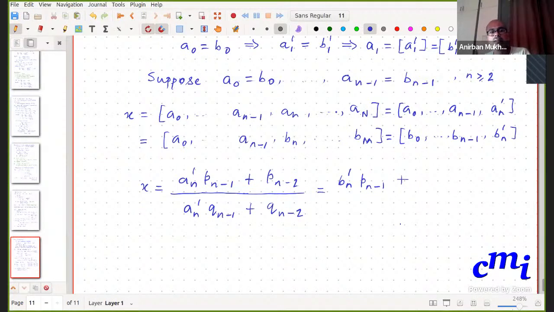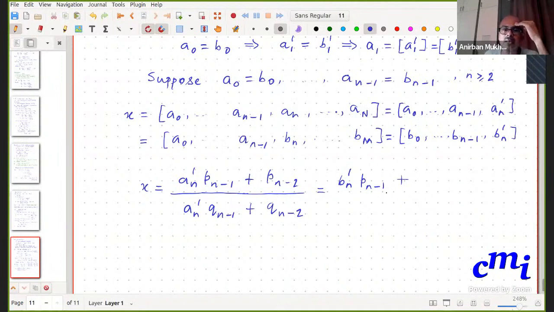So a0 is equal to b0, a1 is equal to b1, and so on till an-1 is equal to bn-1. Therefore, all these convergents are exactly the same up to n minus 1.